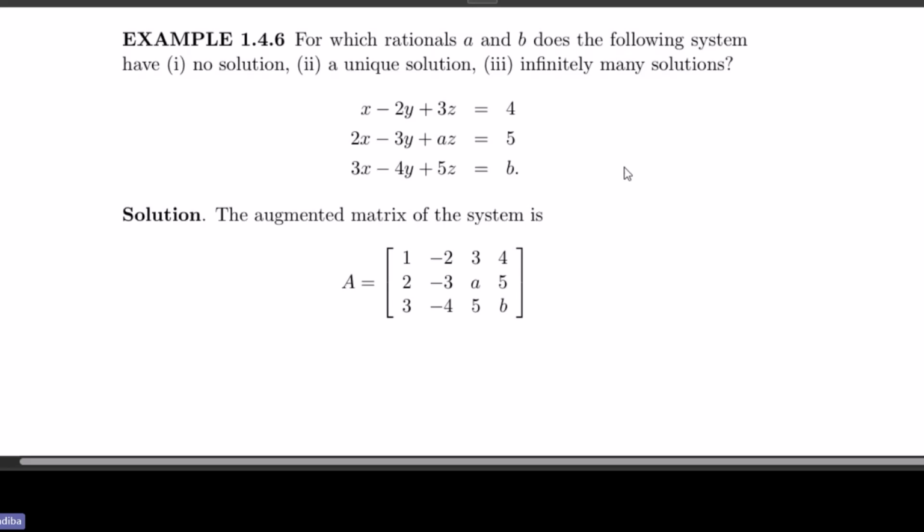And then the entries for the third row became 0, 0, 1, B minus 6, all over 8 minus 2A. Is it clear? Yes, sir.